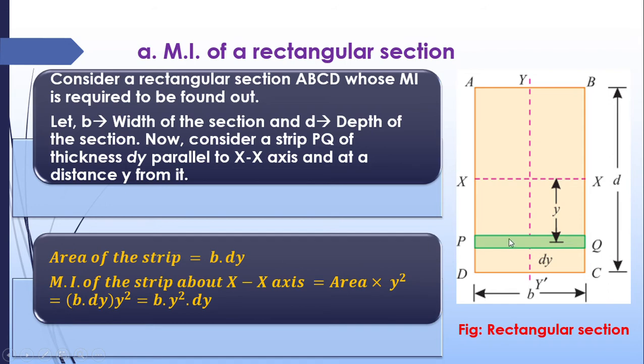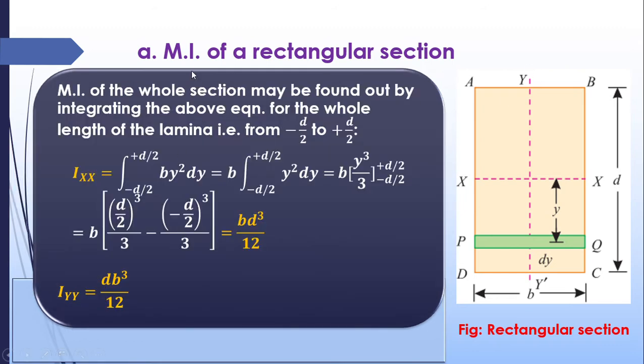So this will be the moment of inertia of this particular strip about x-x axis. Now for finding the total moment of inertia of this section, you have to integrate this, as we have discussed about moment of inertia by integration. This is our origin, this is the x-x axis, and this is the y-y axis.